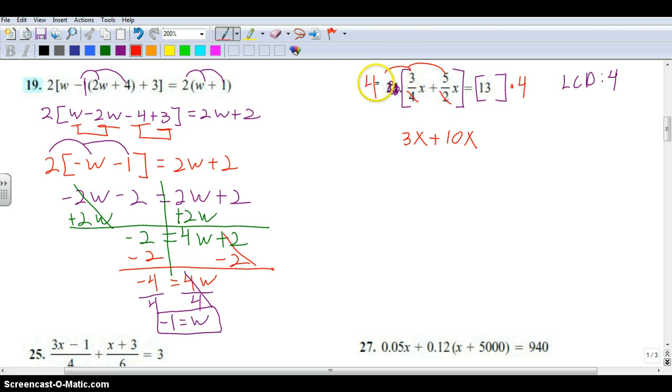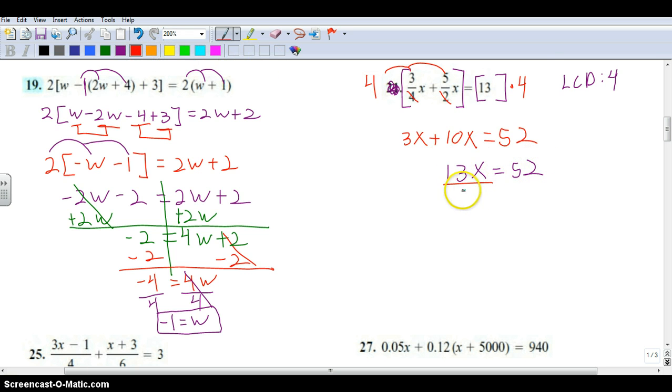Okay, if you want to, you could multiply it out. 4 times 3 is 12. 12 divided by 4 is 3. 4 times 5 is 20. Half of 20 is 10x. So hopefully you see that there. All right, 13 times 4, let's see, what is that, 52? All right, and so then we add this together, we get 13x equals 52.